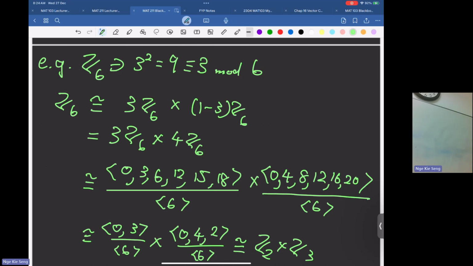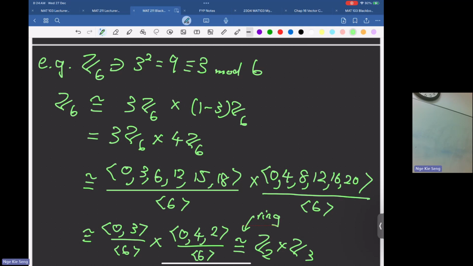I think we also have shown this in a group sense. This is in a ring sense. Okay, so this isomorphism respects ring structure. Not just group, not just addition, also multiplication. So this one is stronger. Last time we only talked about groups, right?